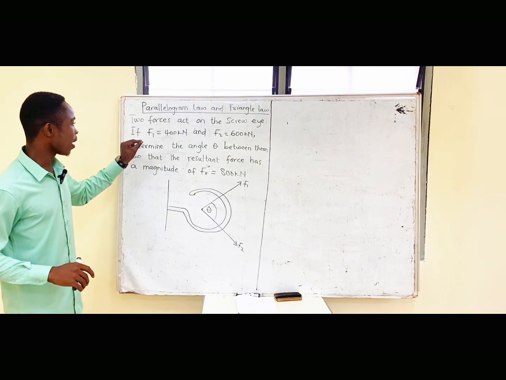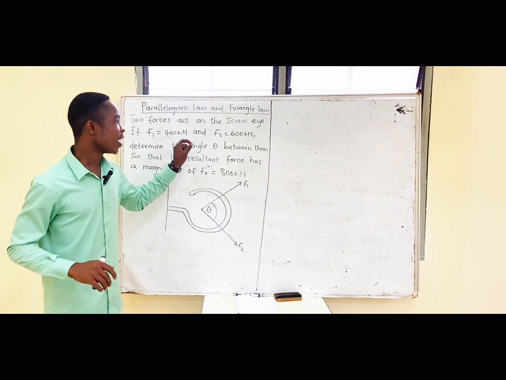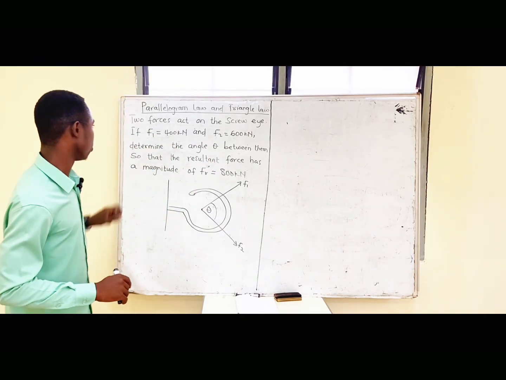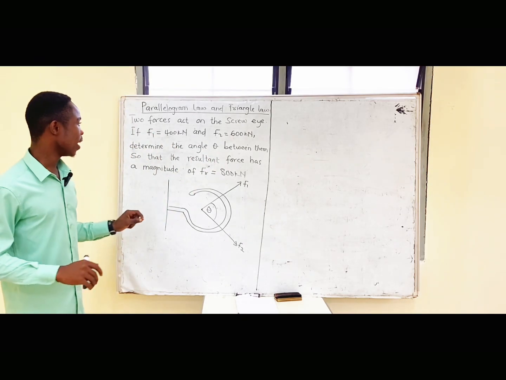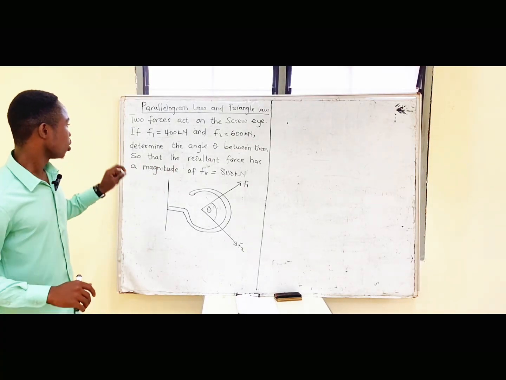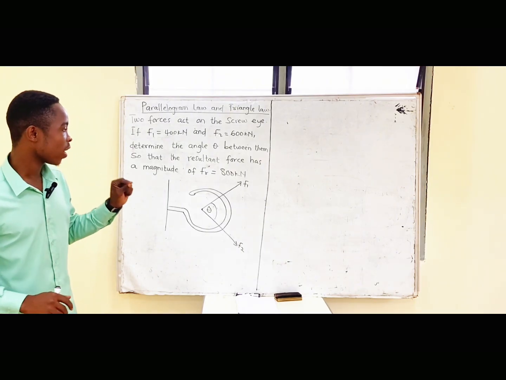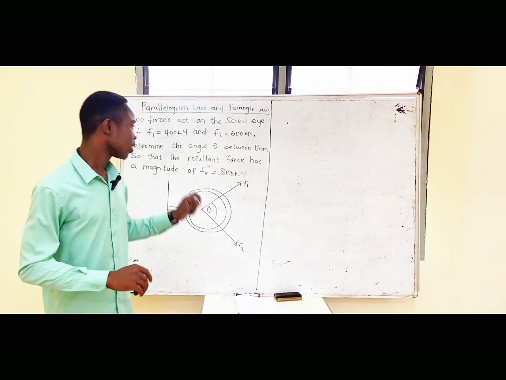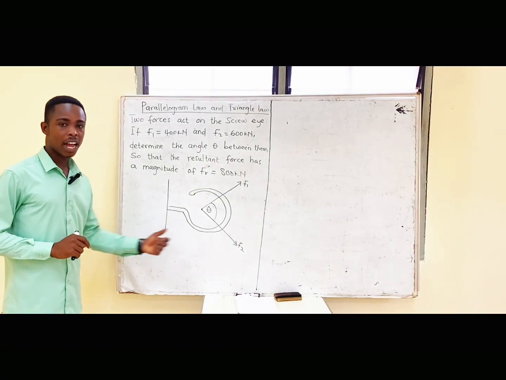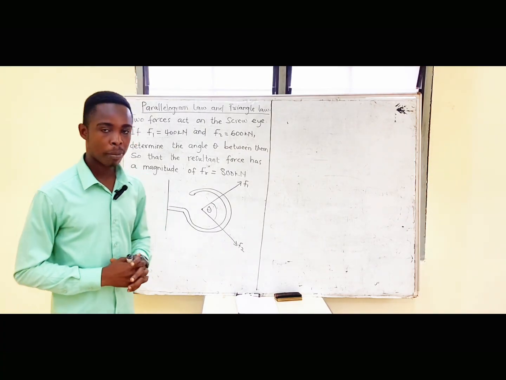If F1 equals 400 kilonewton and F2 equals 600 kilonewton, determine the angle theta between them so that the resultant force has a magnitude of Fr equals 800 kilonewton. So this is the diagram which has been given to us to analyze the problem with.